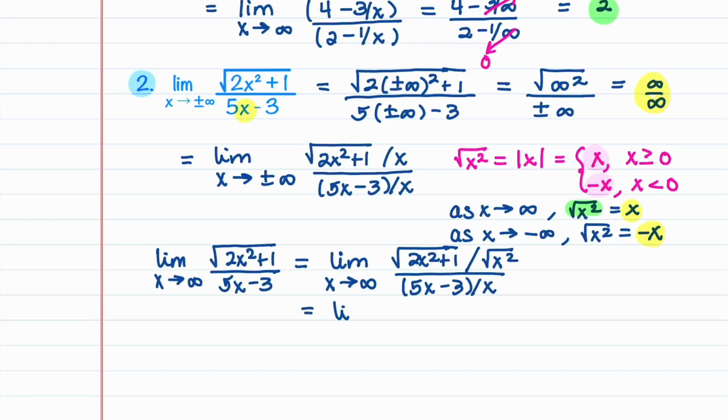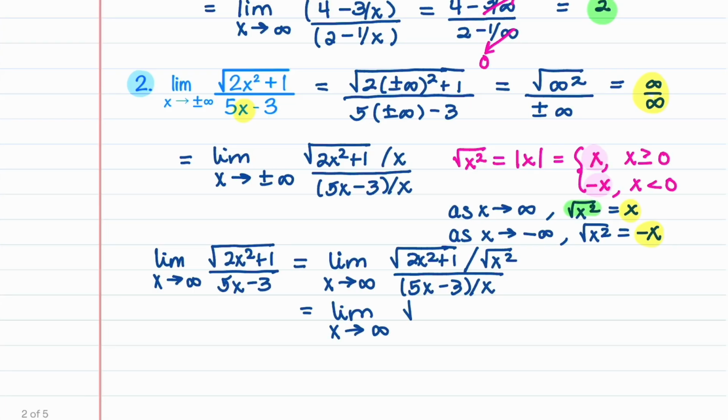This gives us the limit as x goes to infinity of the square root. Pulling in x squared, we have 2x squared divided by x squared is just 2. And then we have a plus 1 over x squared. And in the denominator, 5x divided by x gives us 5 minus 3 divided by x.